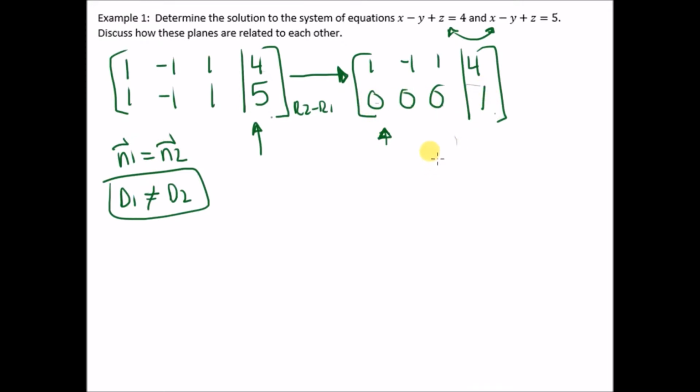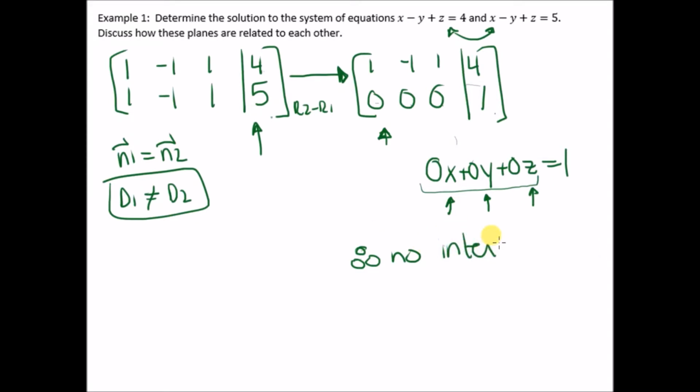So what this says is that 0x plus 0y plus 0z equals 1, which doesn't make sense because we can't multiply a bunch of stuff by 0 and it equal 1. Simply put, because there are no values of x, y, and z that can satisfy this, there is no intersection.